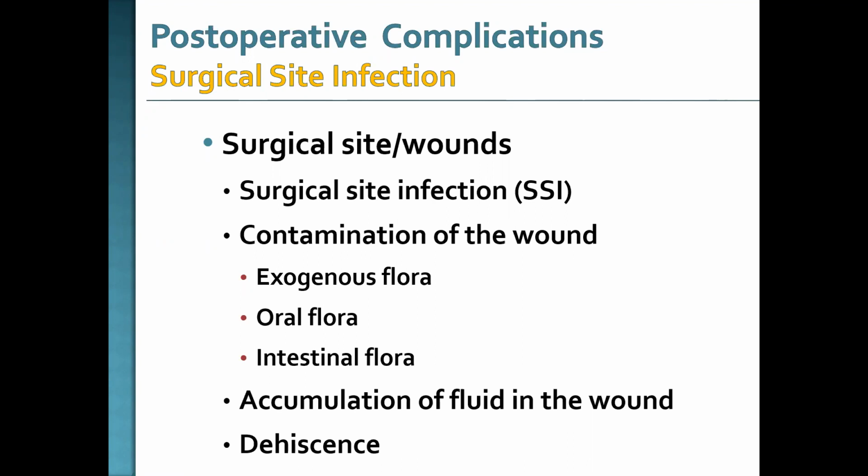Integumentary problems: the surgical site infection, SSI. This continues to represent the most common health care acquired infection and accounts for 14 to 16% of hospital acquired infections. Surgical site infections are associated with prolonged hospitalizations, increased cost of care, and poor patient outcomes.